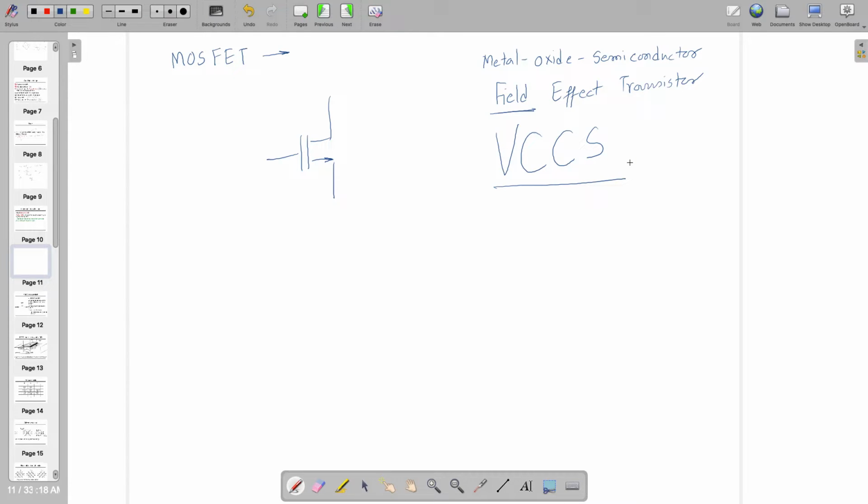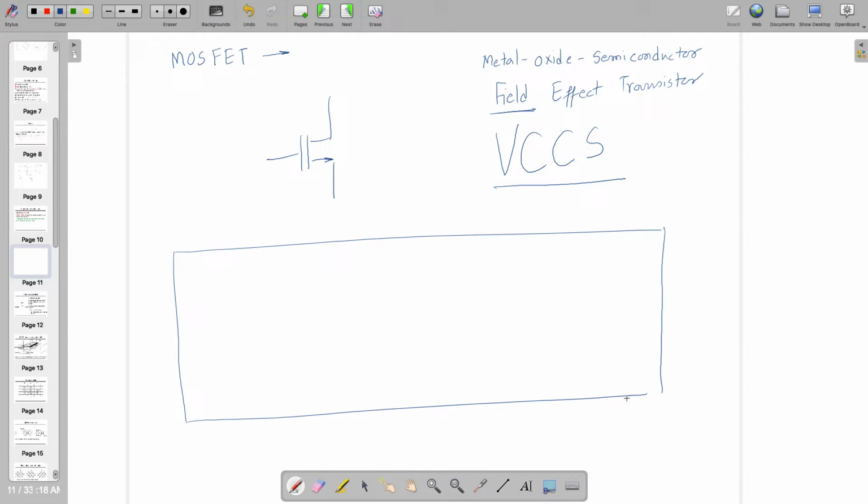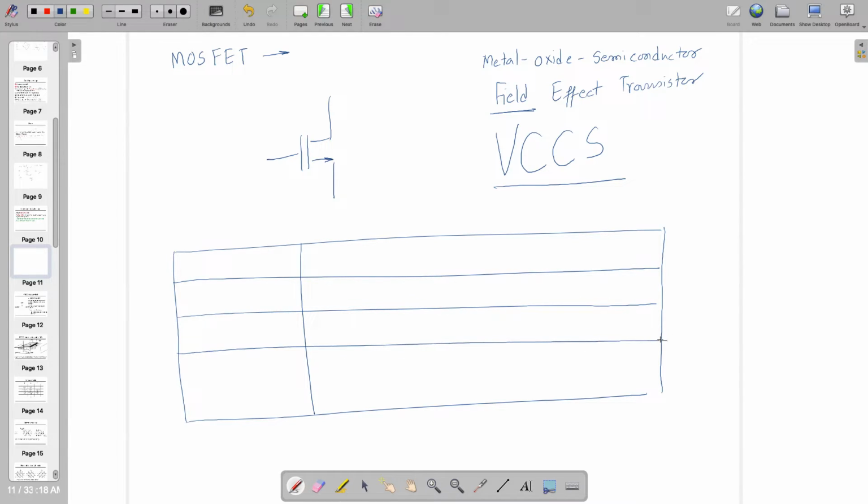What is the characteristic of this one? You have to see what the input and output impedances are. If input impedance is infinity and output impedance is 0, we consider that device a voltage controlled voltage source. There is one very popular table with 4 different possibilities: voltage controlled voltage source, voltage controlled current source, current controlled voltage source, and current controlled current source.